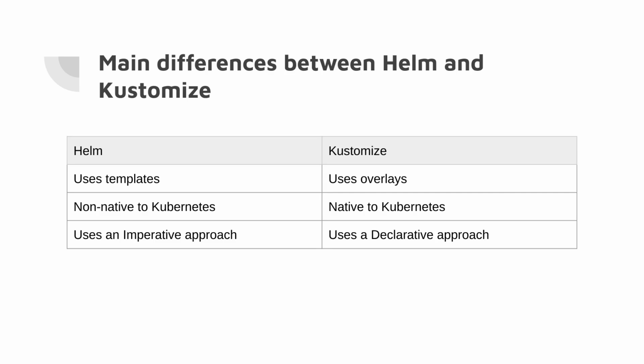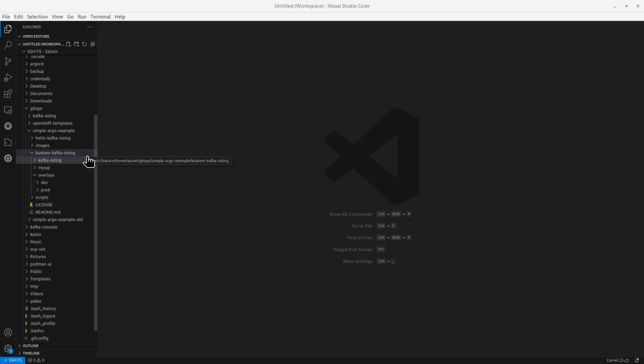And Helm uses an imperative approach, meaning that you specify how to change the content of the YAML file, but Kustomize uses a declarative approach. You just tell it what you want to change certain YAMLs to, and then it will do it. Kustomize has the concept of bases and overlays.